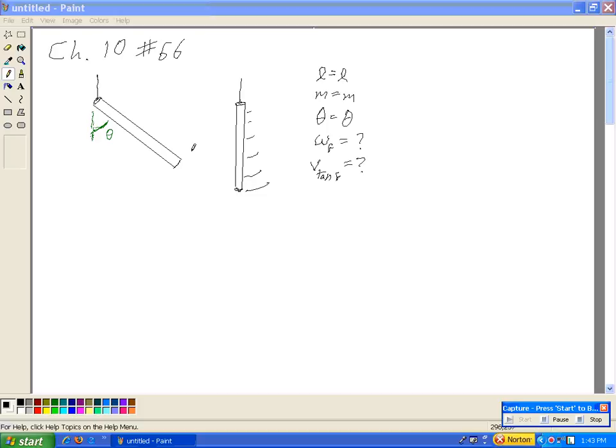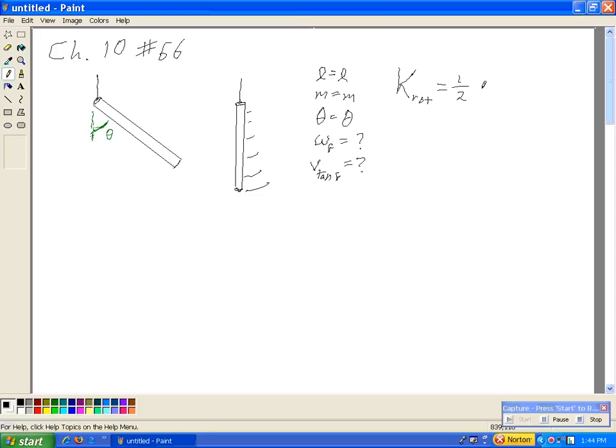So, first of all, there are a lot of things to work with here. One is that the kinetic energy, when we're talking about rotation, is not 1/2 mv squared.